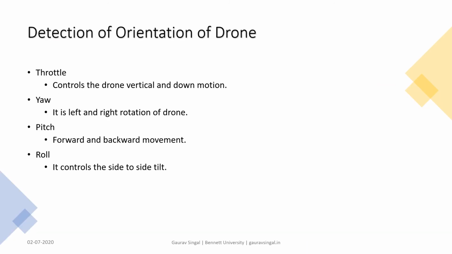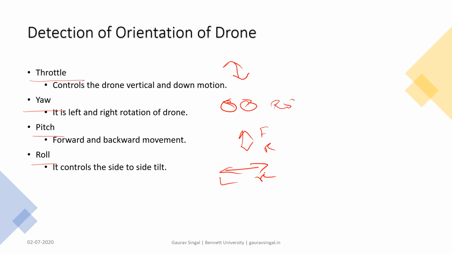So you can see there are basically four controls: throttle, yaw, pitch, roll. Throttle is basically up and down, yaw is basically rotation, pitch is basically forward and backward, and roll is basically left and right.